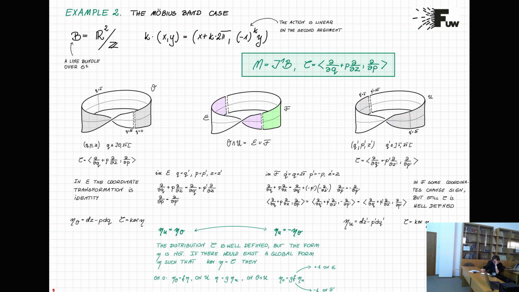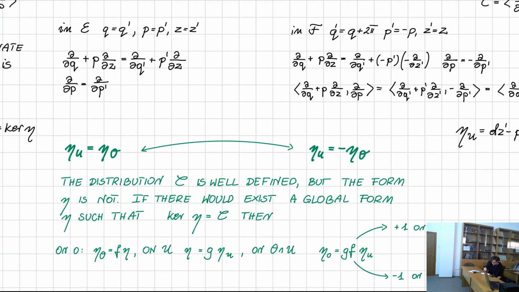Then it should be like that: on one chart, those two forms, this hypothetical global form and this form that we have defined, should be proportional with the coefficient which is a non-vanishing function, and the same should happen over U, that we have two forms, this is the global one and this is the local one, and whenever this local one is defined, they should be proportional with some non-vanishing function.